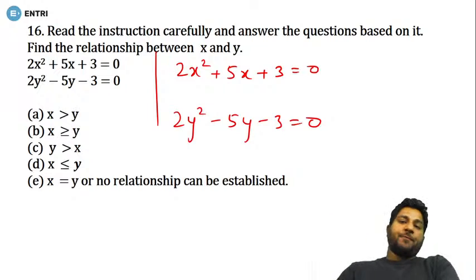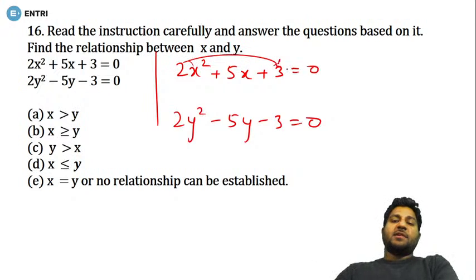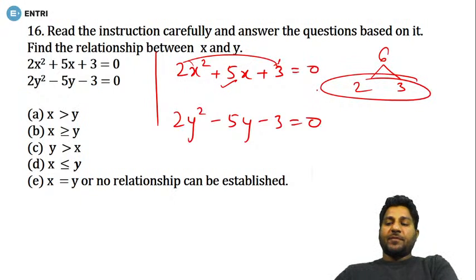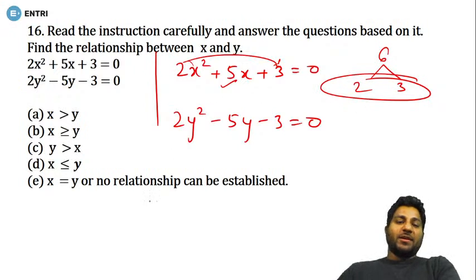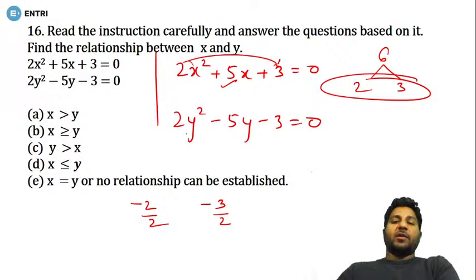Again E. Okay, look at this. 2 3s are 6, but the factor will be 2 and 3 because its sum is 5. Okay, A. Now I see everyone is giving a different answer. Don't worry about it, I'll solve it. Minus 2 minus 3, but divided by 2. Here, look at this. 2 3s are 6, but this 6 will generate what?